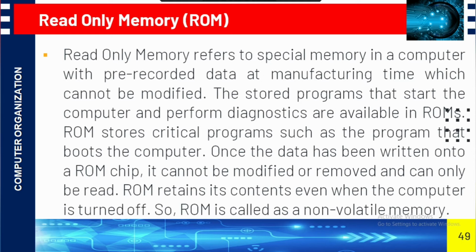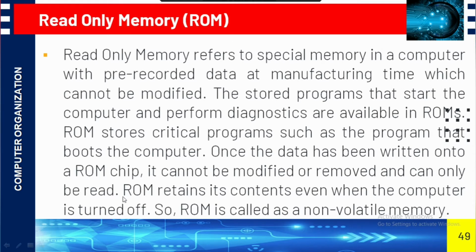Once the data has been written onto a ROM chip, it cannot be modified or removed and can only be read. That is, you cannot change the content in this ROM chip, or delete the message stored on it.